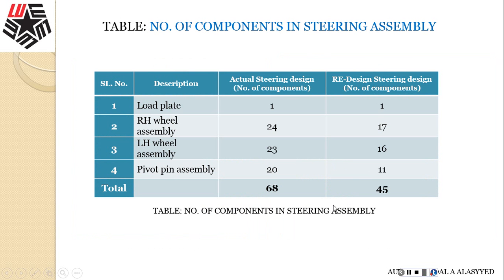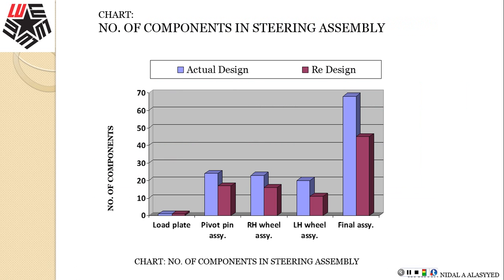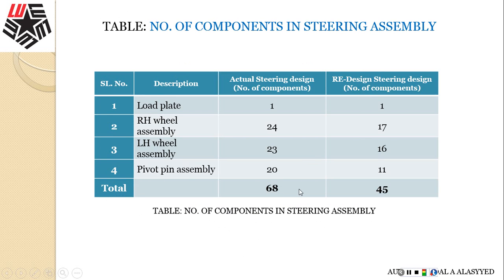Of course, reducing the number of parts means time taken for machining, fabrication, welding, everything will be reduced, and that will also be calculated in our study, just to make sure we have a sense of the numbers. Here's another chart showing the redesign versus the actual design, how the total final assembly was reduced from 68 to 45.